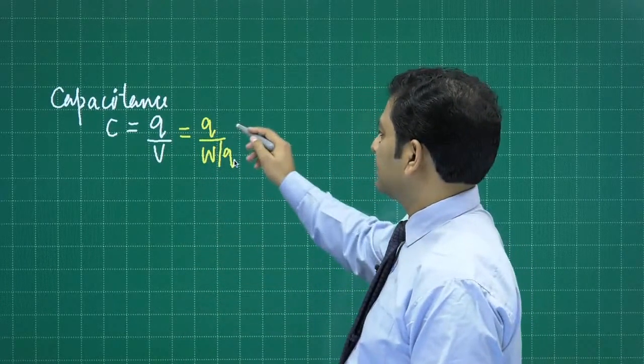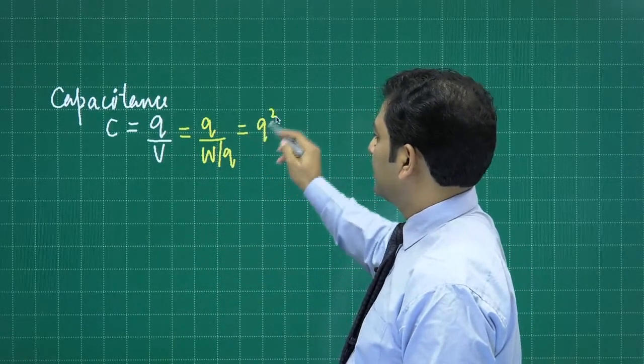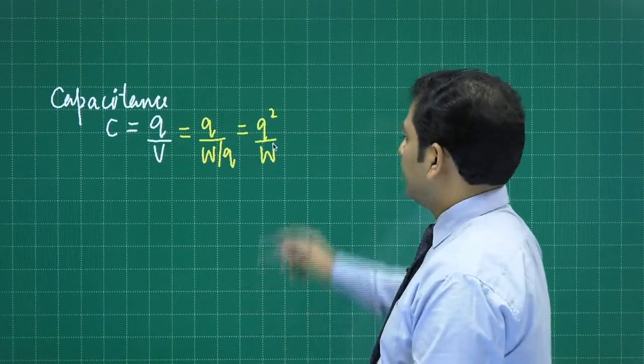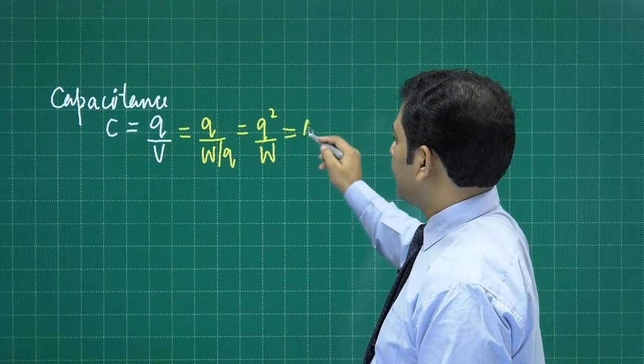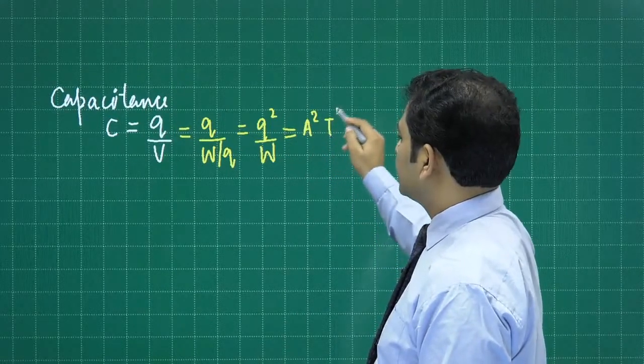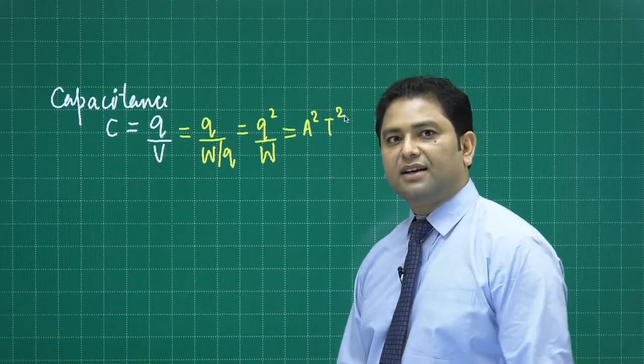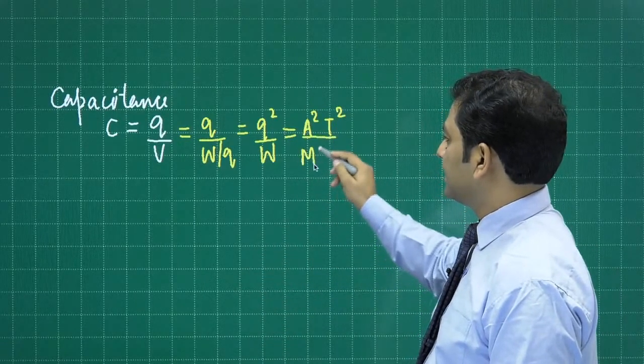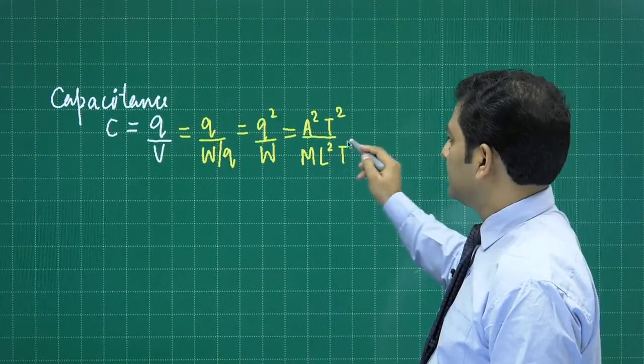And you would be getting this as Q square divided by W. That's how it comes. The charge will have a dimension of AT, so it's been squared, so A square T square. The work done, if I want to find the dimension, that is ML square T minus 2.